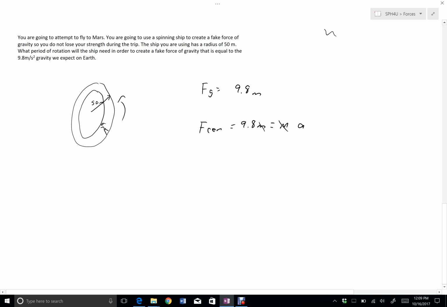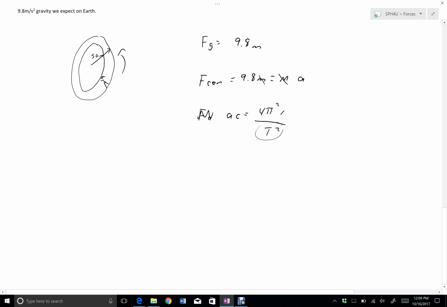Since this is spinning, we're going to use our centrifugal acceleration formula, which says 4 pi squared r divided by t squared, to come up with what period of rotation we want to make this work. So we need an acceleration of 9.8 meters per second squared. 4 pi squared, we got a radius here of 50 meters, and we're going to get a period squared.